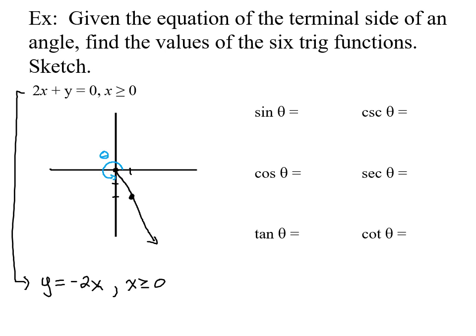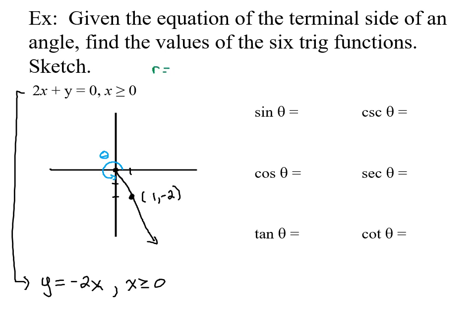And we're asked to find the 6 different trig values. Well, you need a point for the x and the y, and then you need the r. So the point here, this is the point, negative 1. Oh, sorry, not negative 1, positive 1, negative 2. You went over to the right and down 2. And then I could find the r based on that.